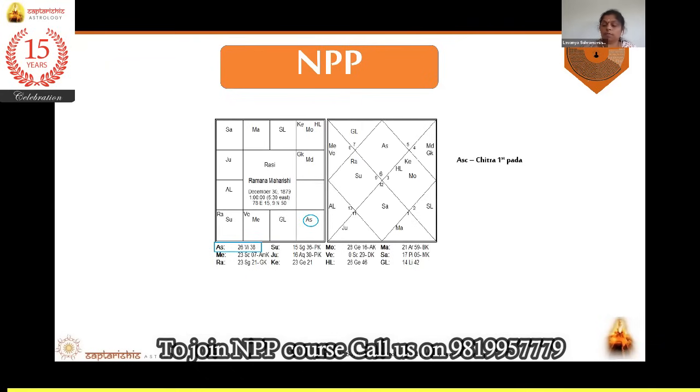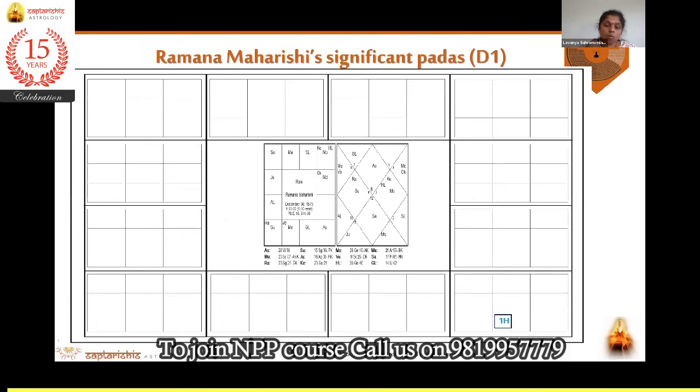Now, in this Graha Friction Chart, we are going to use the first house here because in Virgo sign, this is Uttara Phalguni second pada, Uttara Phalguni third pada, Uttara Phalguni fourth pada, Hasta first pada, Hasta second pada, Hasta third pada, Hasta fourth pada, and Chitra first pada comes here because this is the eighth pada in the Virgo sign.